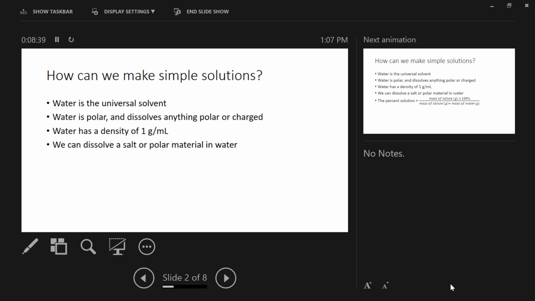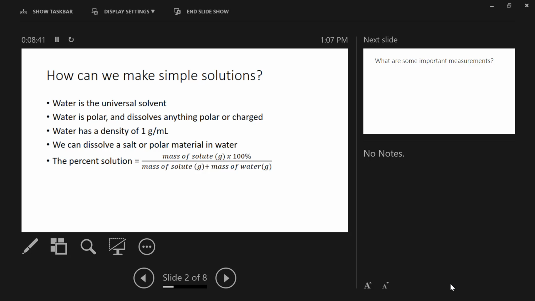Okay? So we can make a simple solution this way, and we can do it by making what's called a percent solution. All right. Let's say we wanted to make a 35% salt solution.